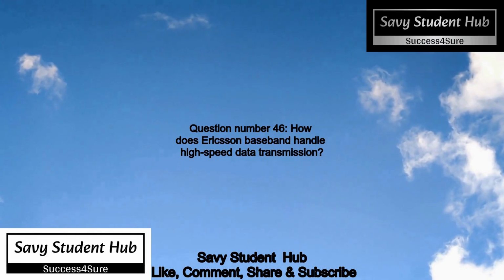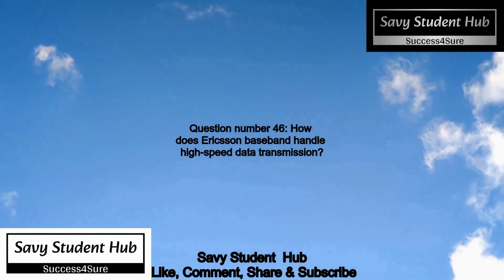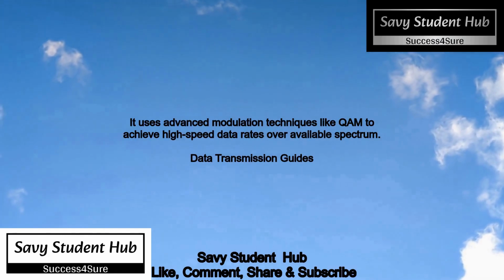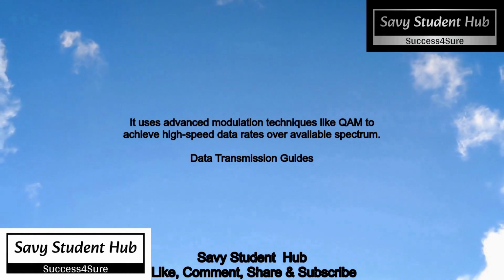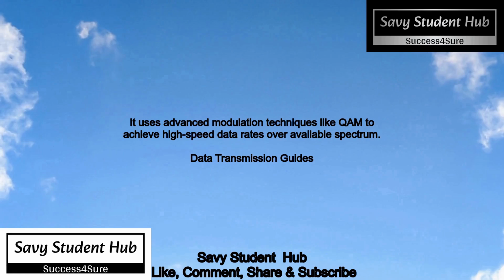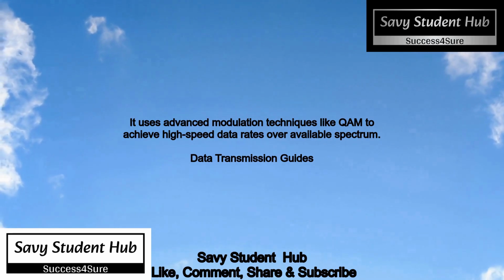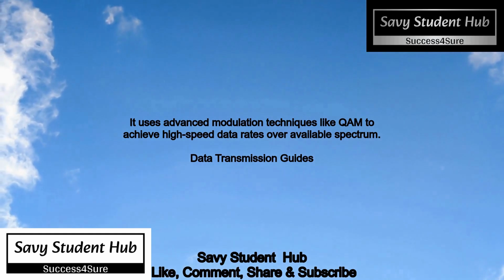Question number 46. How does Ericsson baseband handle high-speed data transmission? It uses advanced modulation techniques like QAM to achieve high-speed data rates over available spectrum.